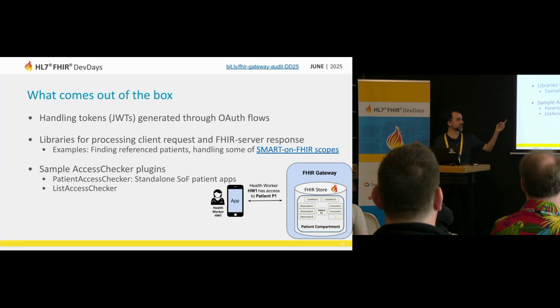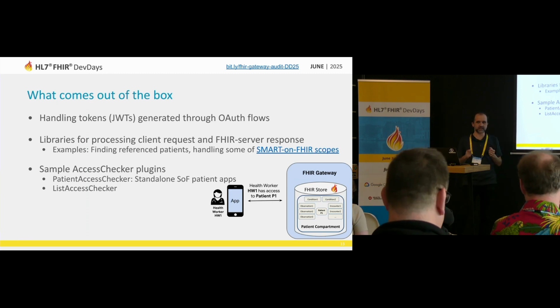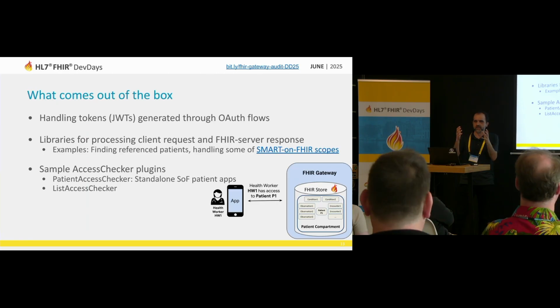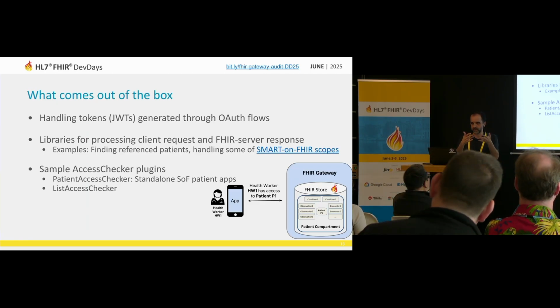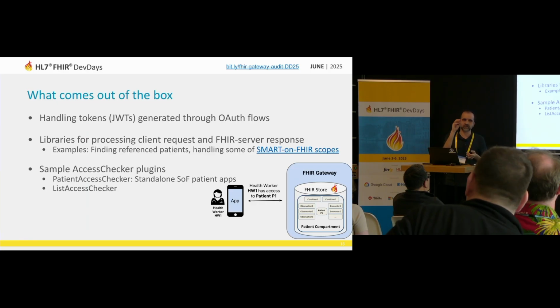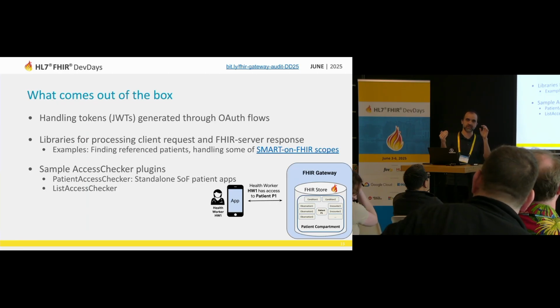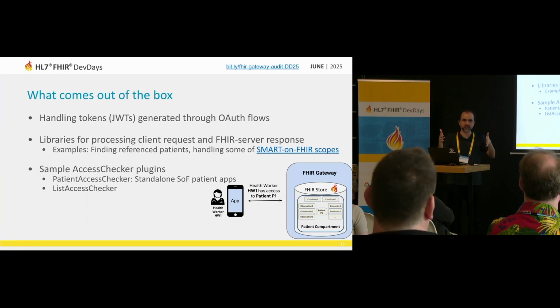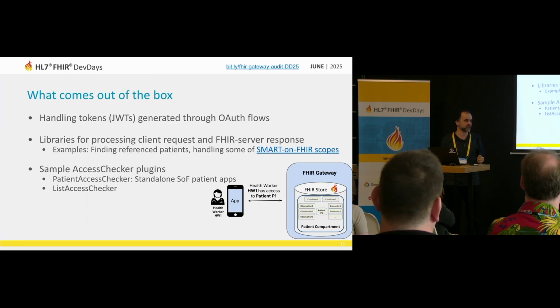For example, it's a very common pattern that somebody has access to a patient, and based on that, whatever information exists for that patient, we grant access. So we have a library to inspect the request or the returned resources and decide whether this is within the patient compartment, that patient that they have access to.